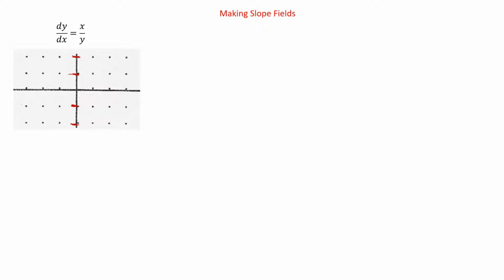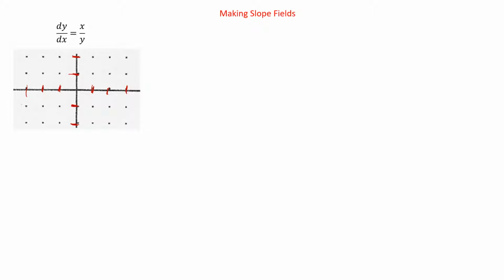When y equals 0, it's going to be vertical because we'll have something over 0, which is undefined for a slope that's vertical. So we'd have little vertical, little vertical, little vertical. At 0, 0, there's nothing. Like it's 0 over 0. We just don't even touch that.